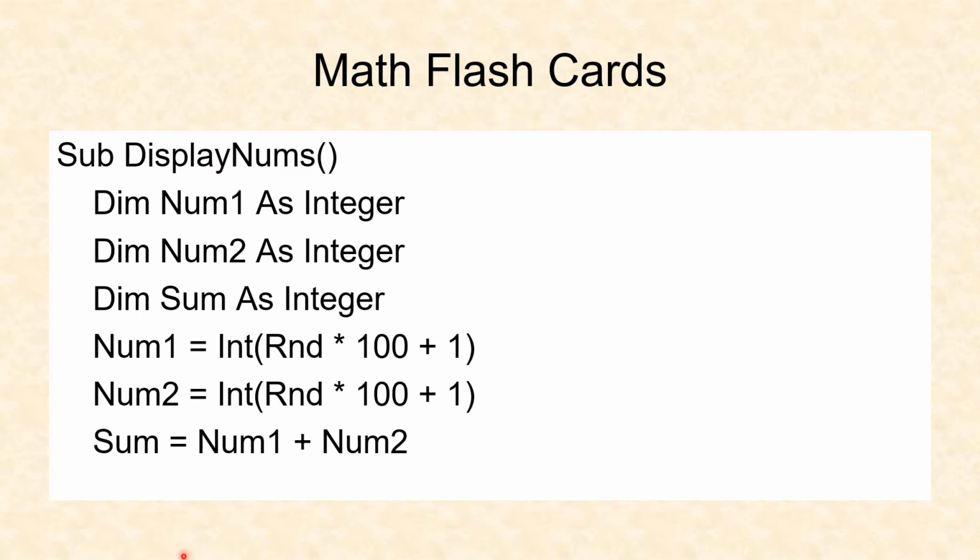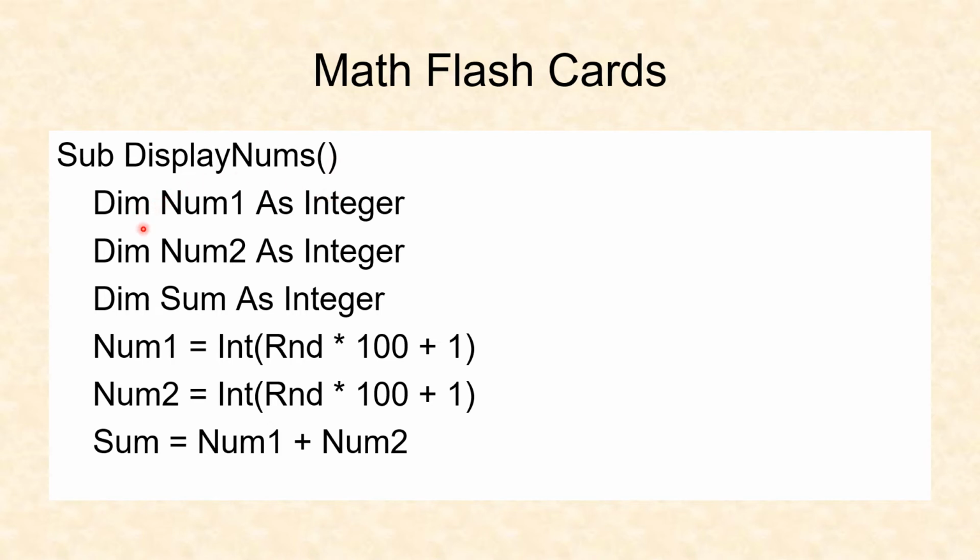So now in the VBA coding screen, I'm going to create a name for my subroutine. So I'm calling it display nums. And again, you could make up any name that you'll recognize. And this is what we'll look for when we're going to associate this subroutine with a button on the slide. So here I've created that, and of course we put the parentheses here for parameters, which we aren't going to have any.